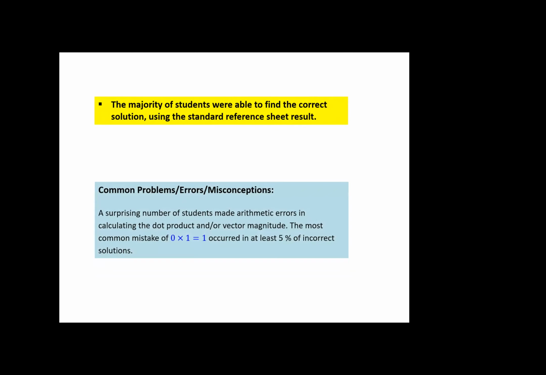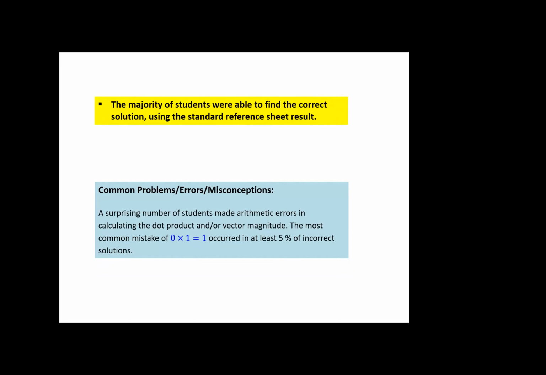So some information regarding this part question. The majority of students were able to find the correct solution using the standard reference sheet result. A surprising number of students made arithmetic errors in calculating the dot product and/or the vector magnitude, in particular the dot product.